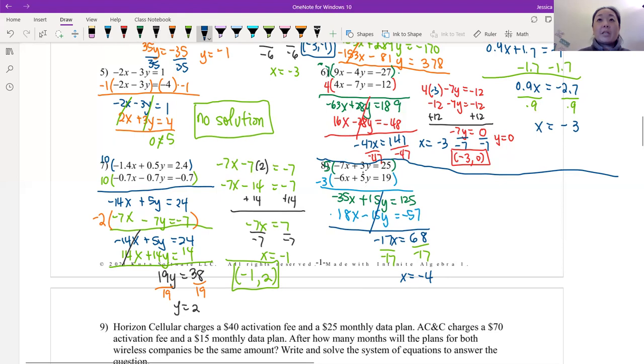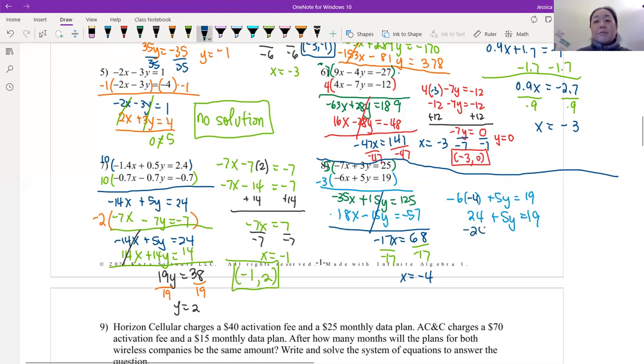And when we plug it in, we're going to plug it into the top or bottom. We'll use the bottom one. It doesn't matter which one you use, as long as you use one of them. So negative 6, instead of x, we're going to put in our negative 4. Then we have negative 6 times negative 4 is 24, plus 5y is equal to 19. And then now we're just solving.